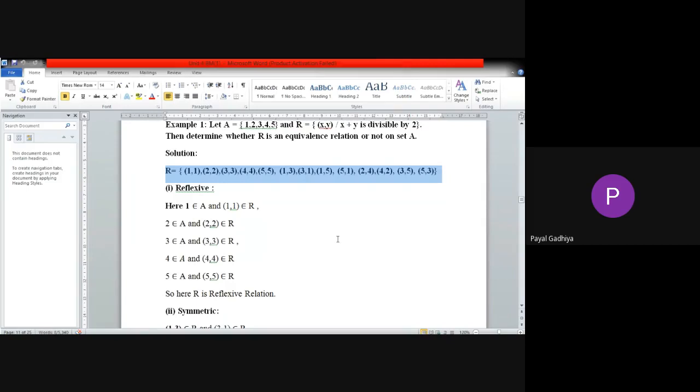Is it symmetric or not? For every ordered pair, you have to check. Like if (1, 3) is there, then (3, 1) is also there. If (1, 5) is there, then (5, 1) is also there. This is the way you have to check. Is this relation symmetric? Verify it quickly.